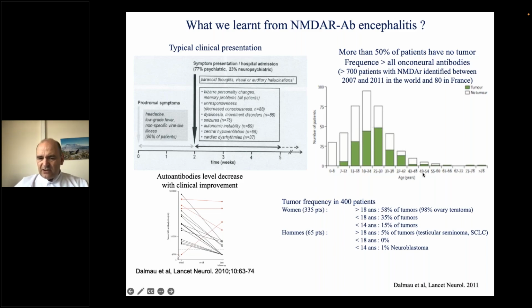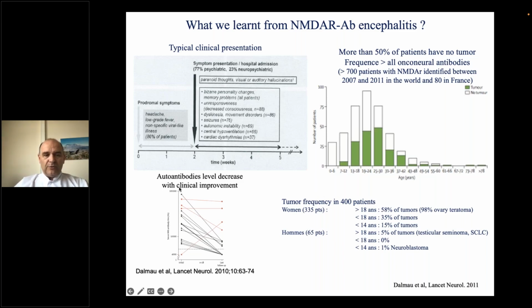It was an article from Joseph Dalmau in 2011, and you can see that it was around 50% of cases between 19 and 24 years old. But now the presence of ovarian teratoma is less than 20% in women, so more and more idiopathic cases.